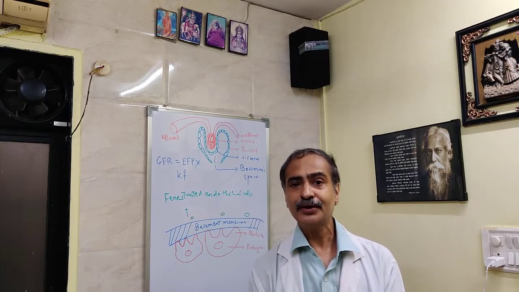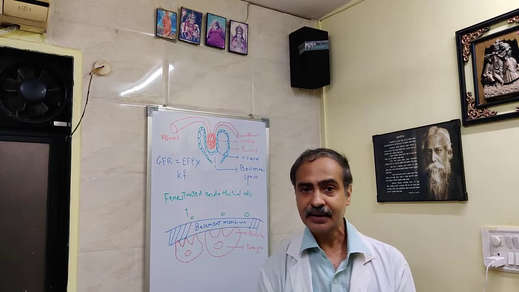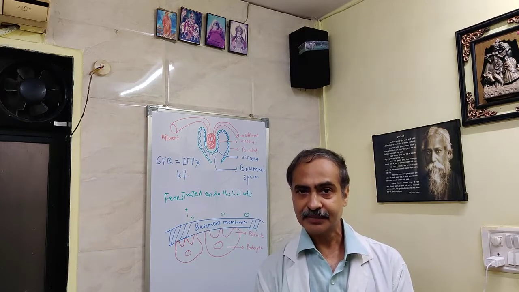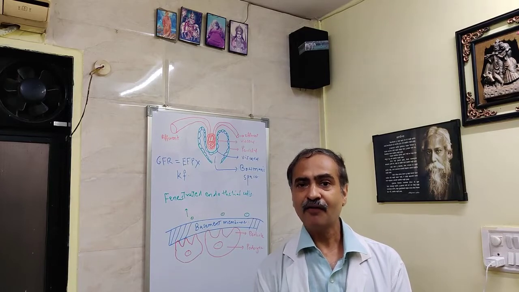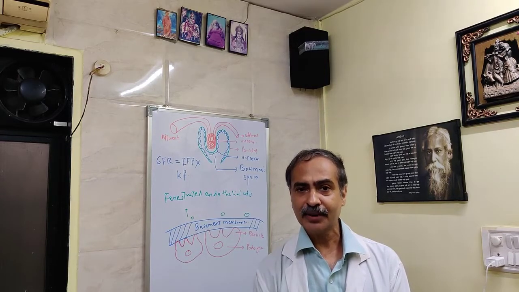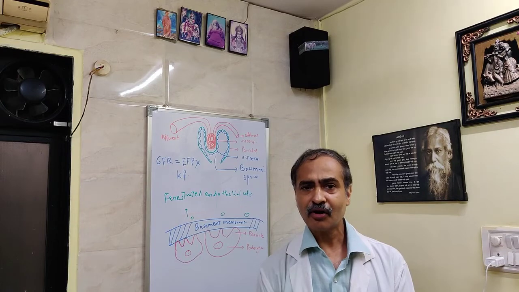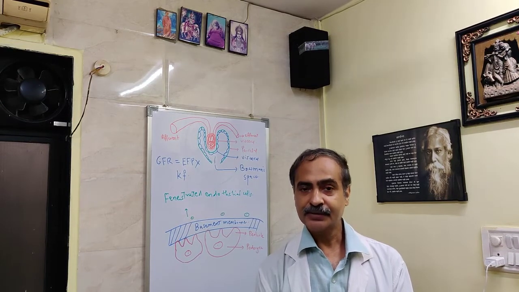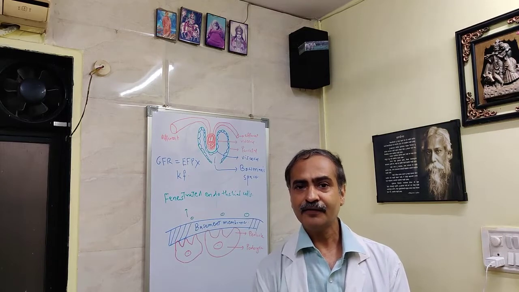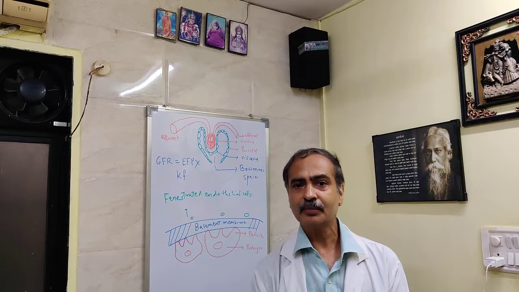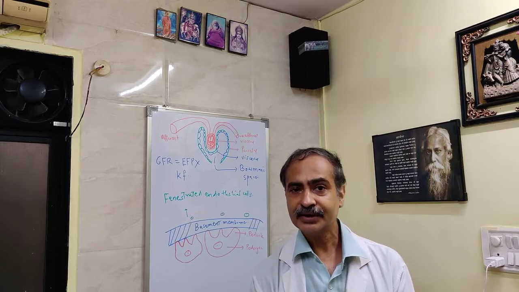Out of this 1.2 to 1.3 liters of blood passing through both the kidneys per minute, about 120 to 125 cc of fluid is filtered across the glomeruli of all the nephrons of both the kidneys. And so the glomerular filtration rate is defined as the amount of fluid filtered across the glomeruli of all the nephrons of both the kidneys per unit time.